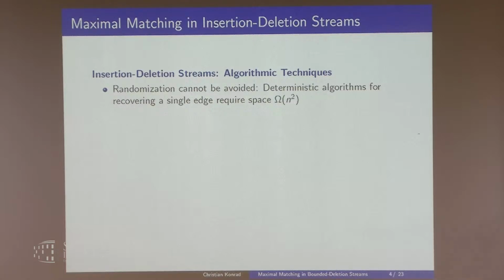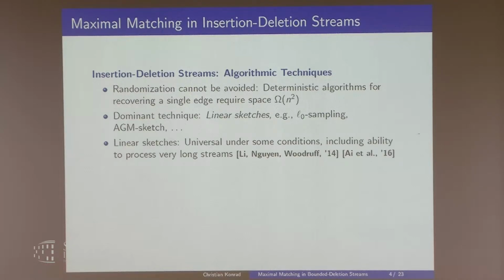We've also seen this quite a few times in this workshop. The main technique in insertion-deletion streams is basically linear sketches. Essentially, we pick a sketching matrix at random, project everything down to a small sketch, and maintain the sketch while we process the stream. Indeed, almost all insertion-deletion algorithms that we know of are essentially linear sketches.